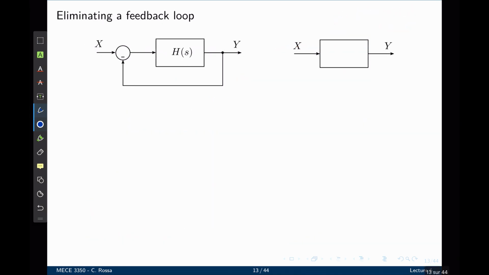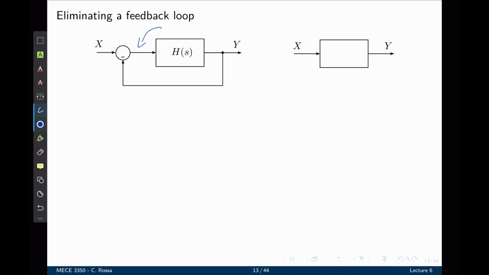One of the most important operations is to eliminate a feedback loop. This must be very clear at the end of this lecture, because we are going to use this throughout the course, and this will only be explained here. Let's consider this feedback loop. The input is x, and the output is y. Y is now fed back to this sum that compares the input and the output.